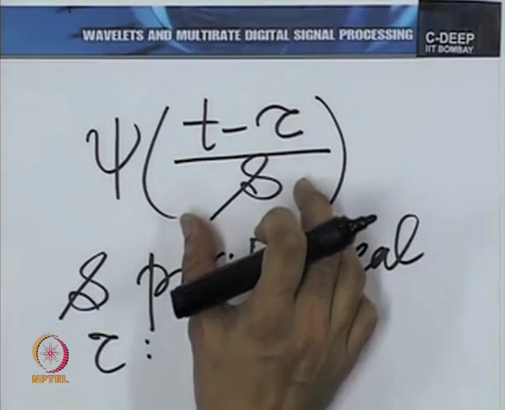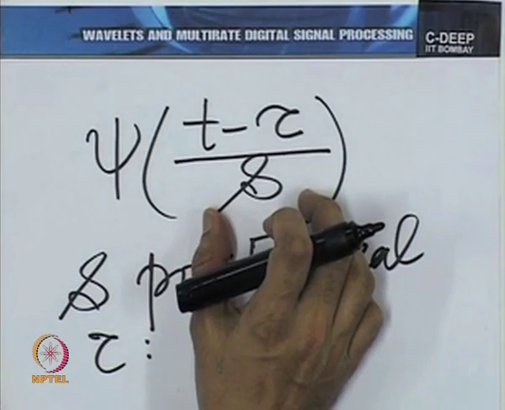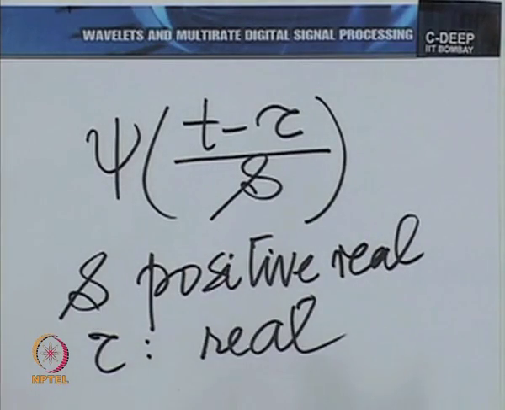This is the general function that we are using as a building block, different values of tau and different values of s. Of course, here at a particular resolution, at a particular level of detail, the value of s is only one. For example, when we are representing the function on intervals of size T, we take s equal to T. If we were to represent the function on intervals of size T by 2, then s would become T by 2 and so on.